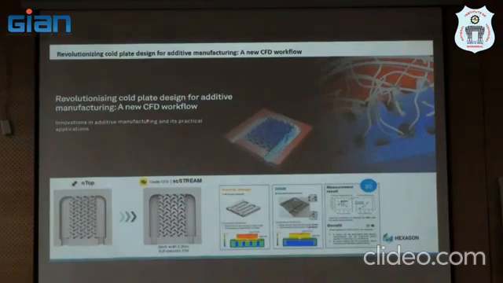So far what we have seen is more stress-based optimization. This is thermal optimization. Not only thermal, we can integrate co-simulation. It is called co-simulation: structure, thermal, then fatigue. All of this can be done on a single component.